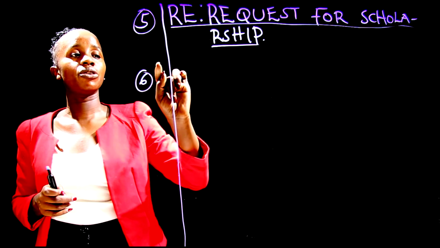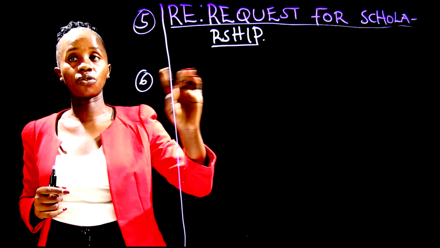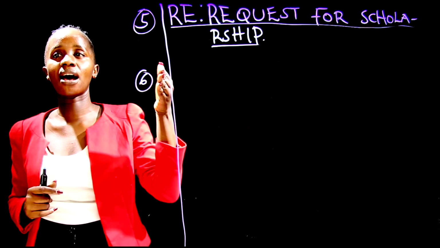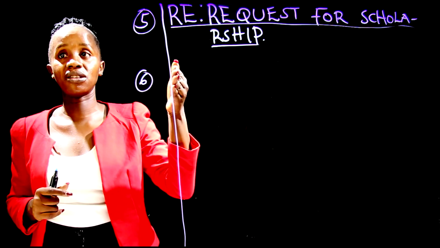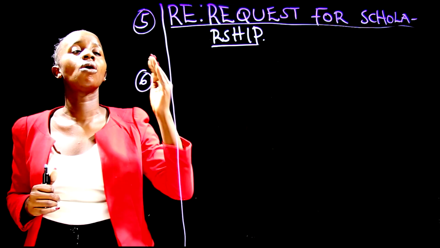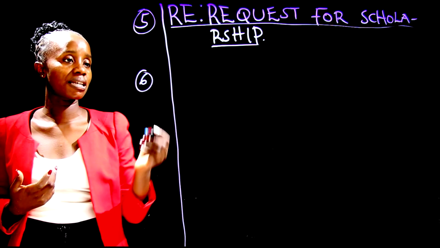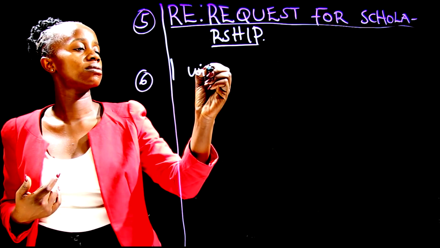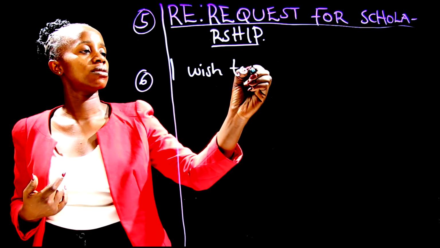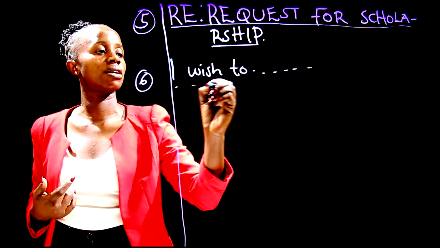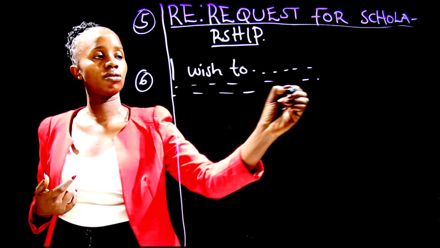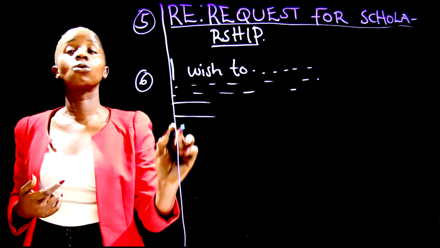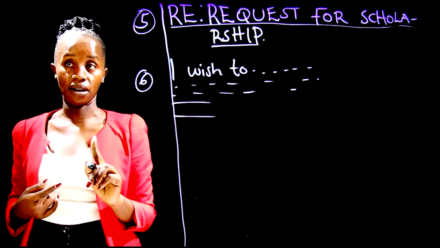a line, you will not leave any space from the margin. Rather, you will start writing straight away at the margin. That is where you will start your body. So you can write, I wish to apply right here. I wish to, then you go on and continue. Then skip a line, go to the next paragraph.